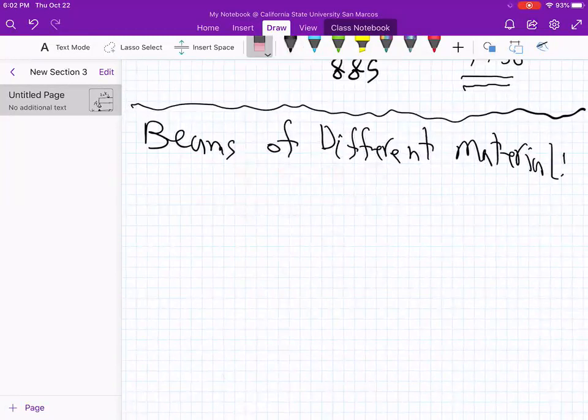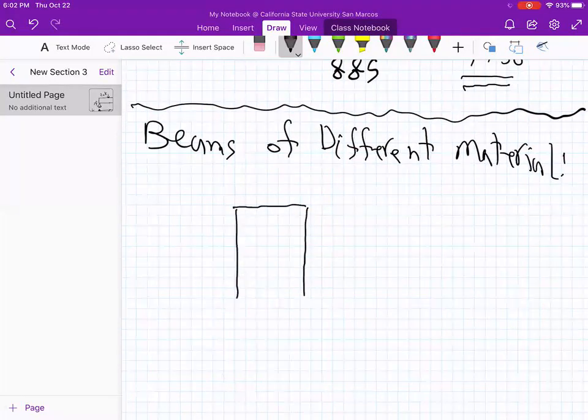This is rectangular, and we also have maybe one here. Let me write it with the dimensions.